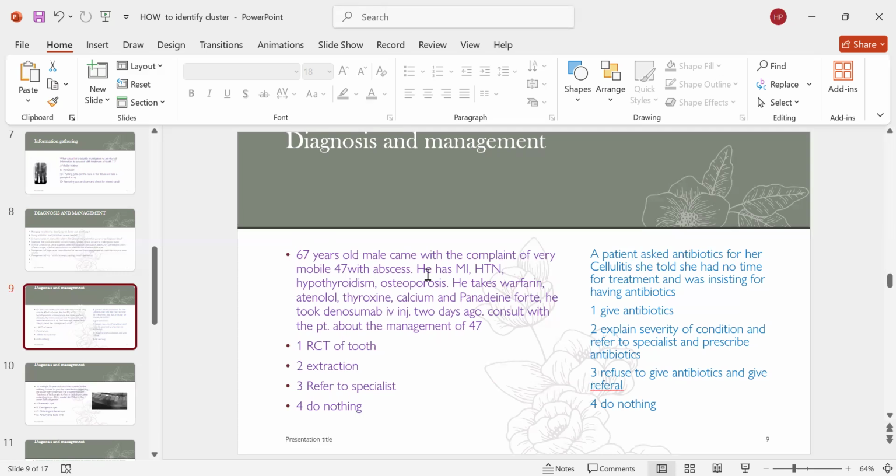The denosumab IV injection was taken only 2 days before. What are the high chances when the patient is taking denosumab? Osteonecrosis of the jaw, medication-related osteonecrosis of the jaw, has a high chance.